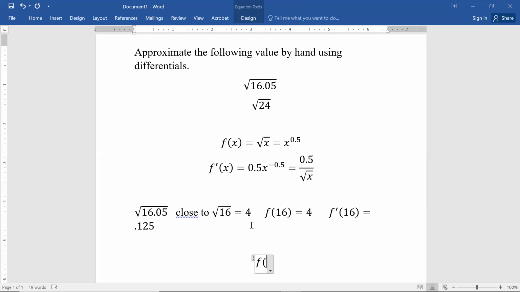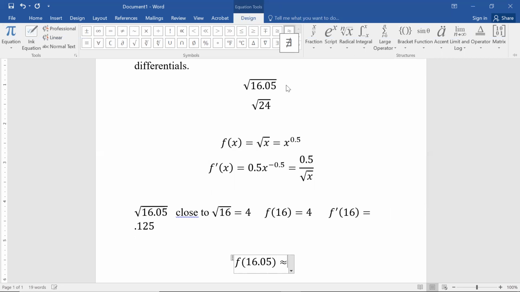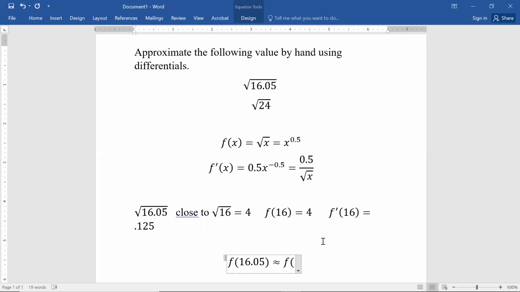If I want to find an approximation for 16.05, all I have to do is take f of 16 and then add f prime of 16 times the change in x.